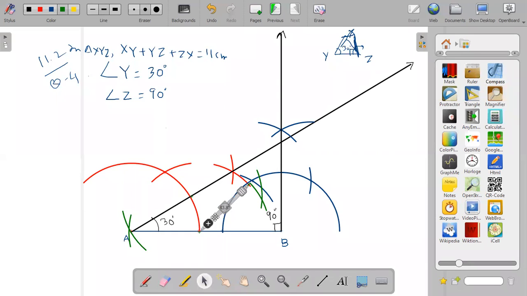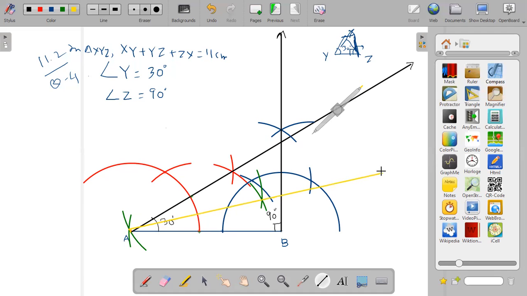These two arcs will give you the bisector of 30-degree. When you join this point to this point, this yellow color is the bisector of angle 30-degree.